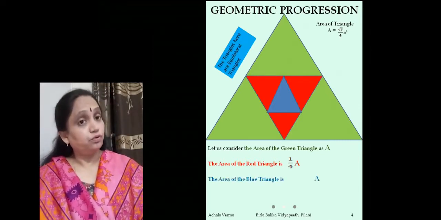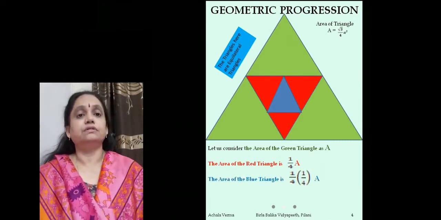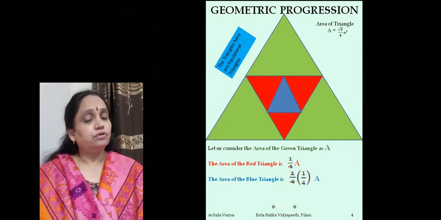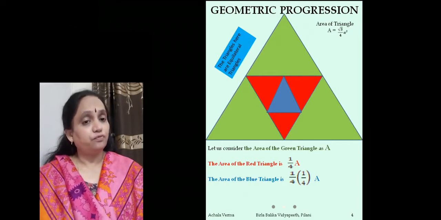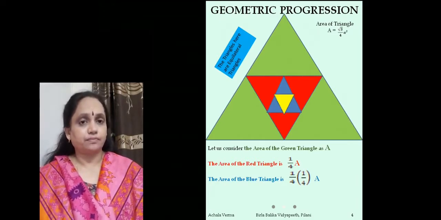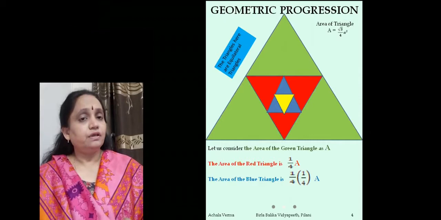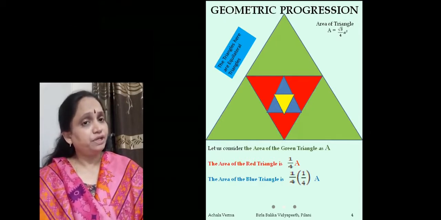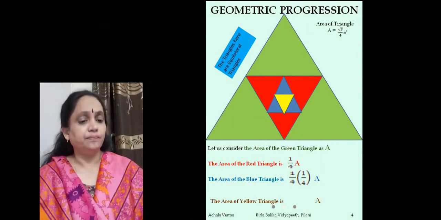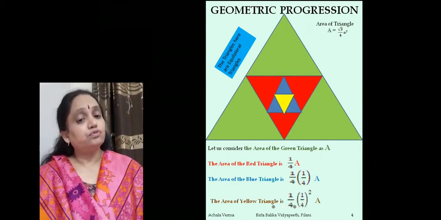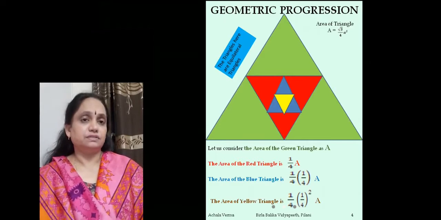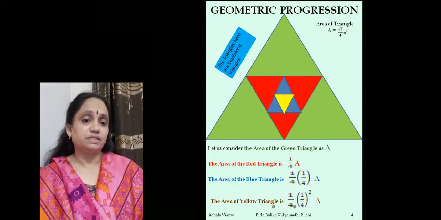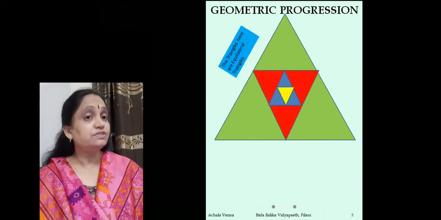It would be 1/4 of the area of the red triangle. Isn't it interesting? So the area of the blue triangle would be 1/4 into 1/4A. If we look at the area of the yellow triangle which we got by joining the midpoints of the sides of the blue triangle, it would be 1/4 of the area of the blue triangle. That means the area of the yellow triangle is 1/64 of the area of the green triangle.